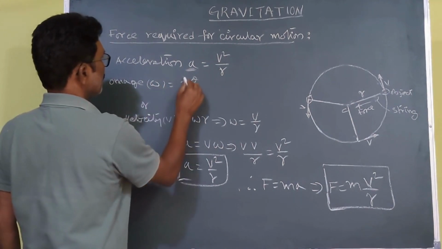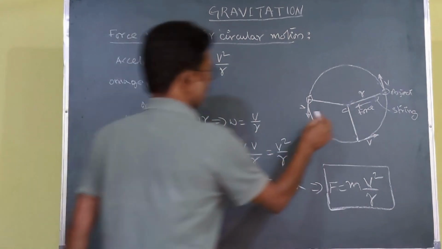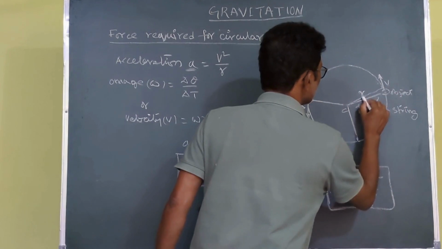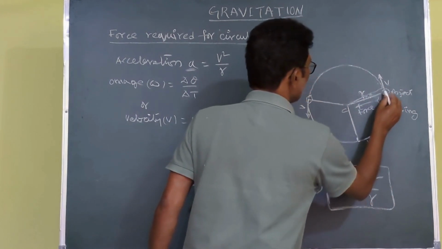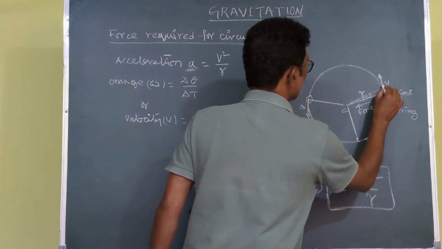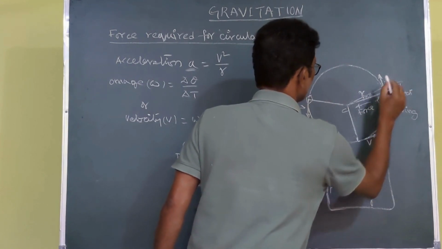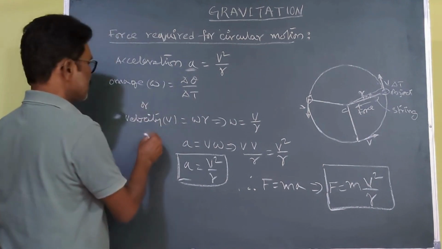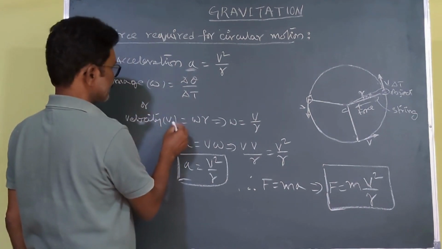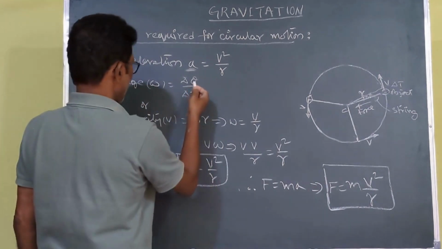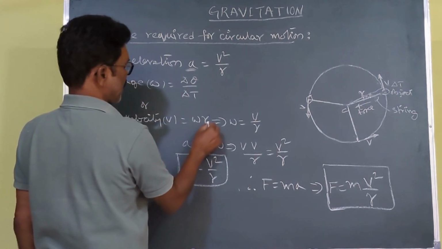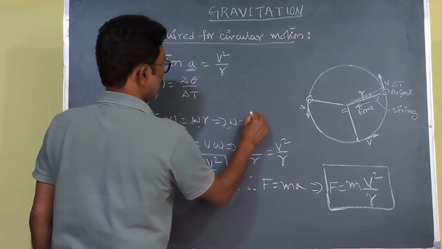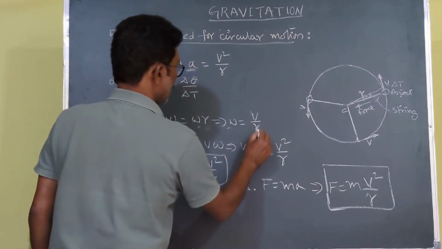Omega equals d theta by dt: the object moves through a small angle d theta in time dt. Also velocity equals omega r, so omega equals v by r.